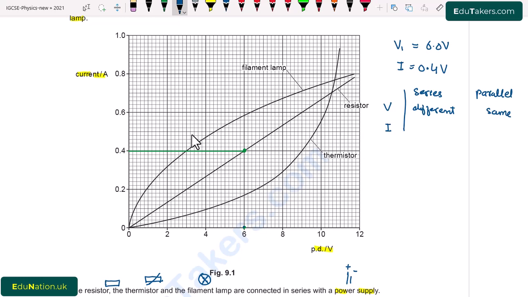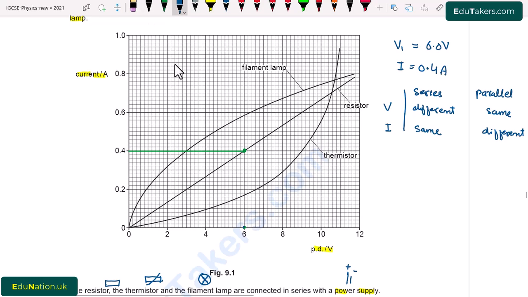For current, in series combination current is same, while in parallel combination current is different. Here we have calculated that the current through the resistor is 0.4 amperes. It's not volt, it is ampere.